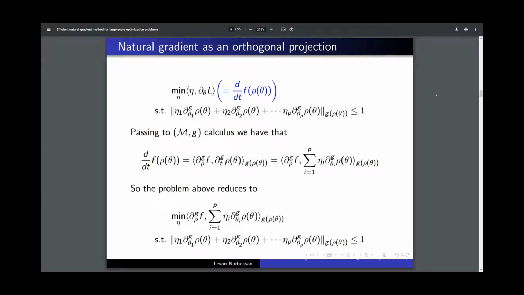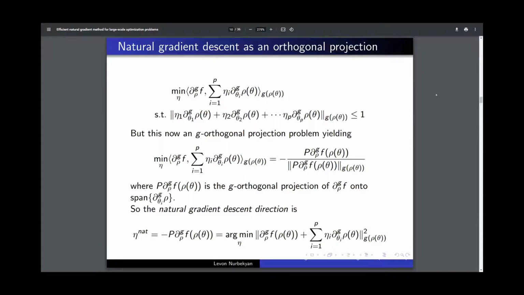Now it's the inner product of the gradient of our function f with respect to this geometric structure, and the velocity on this manifold. Therefore, it reduces exactly to the same problem as we had for the steepest descent, but now on the tangent space, using the geometry of this natural manifold. Once you solve it, that's just an inner product problem.